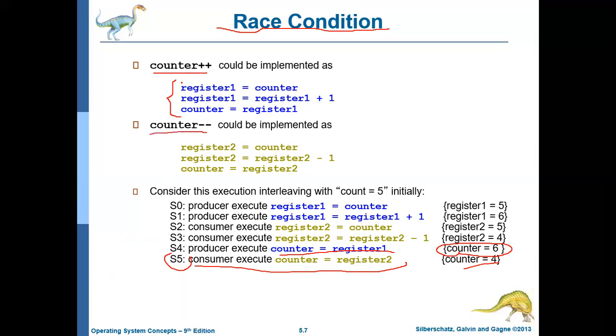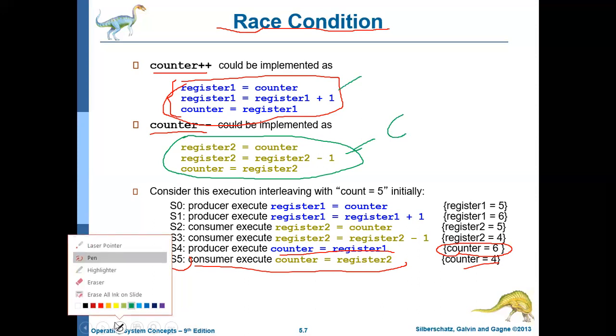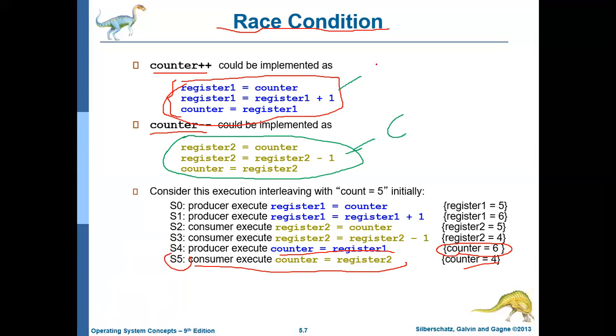When it is executed, counter plus plus is converted into 3 different statements, and counter minus minus is converted into some other 3 different statements. So basically this is the code which is creating data inconsistency. This is the code in the consumer process which creates data inconsistency, and this is the code in the producer process that creates data inconsistency.